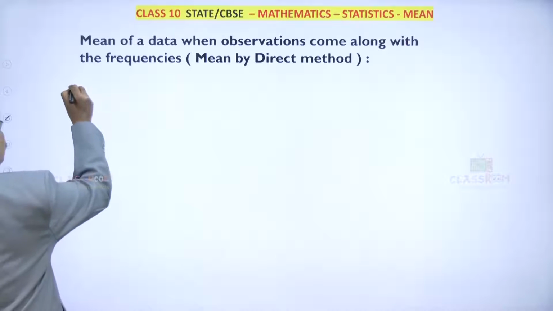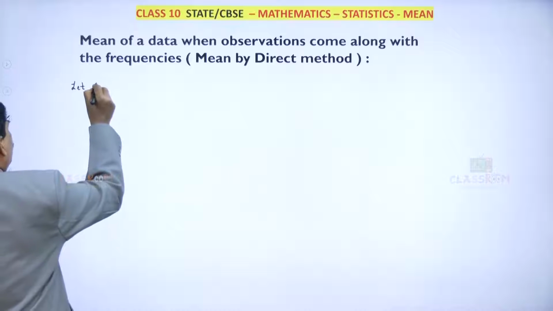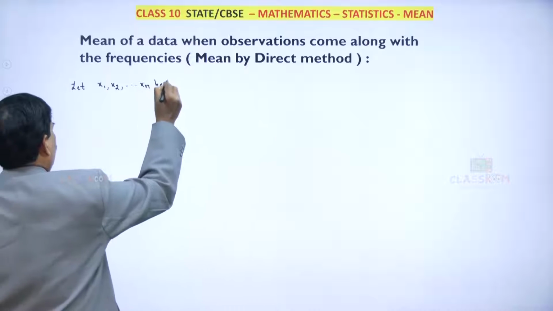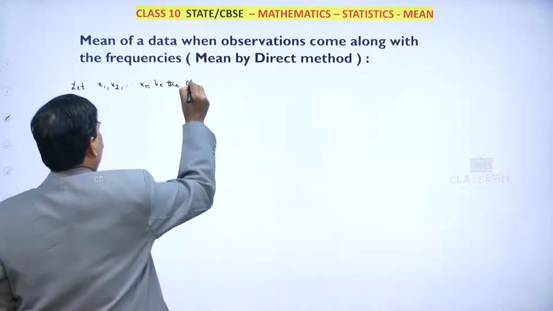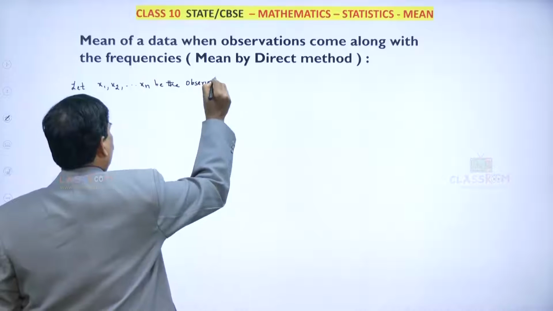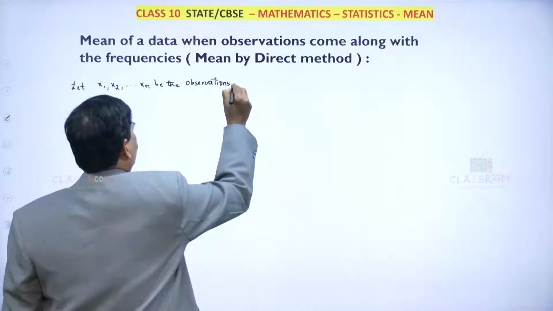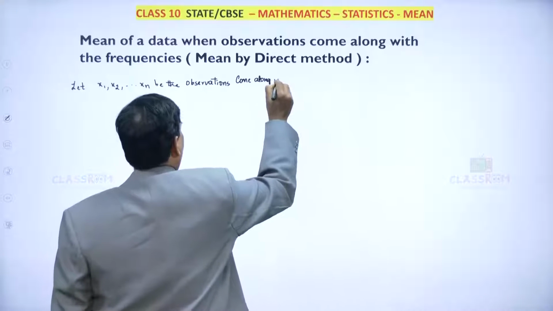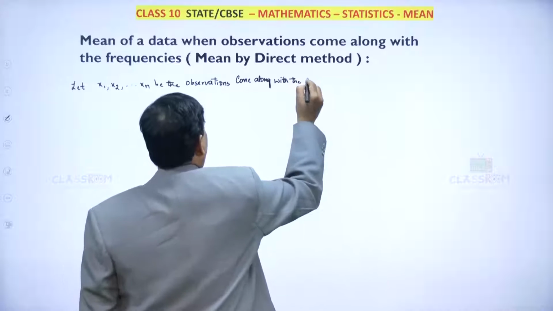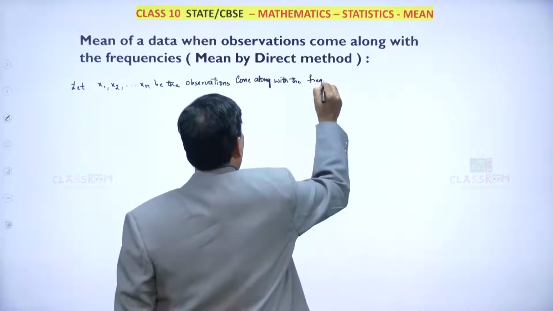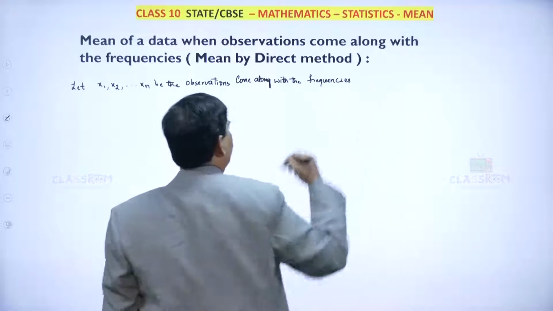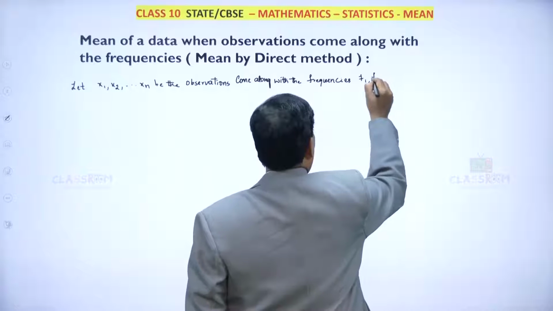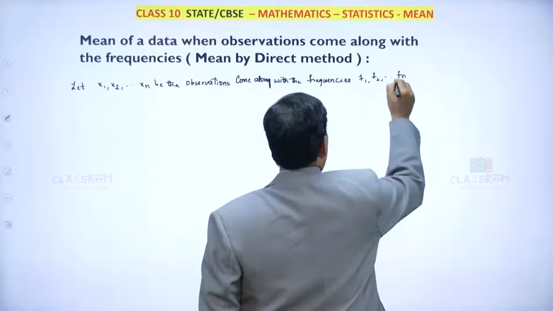Let x1, x2, so on xn be the observations that come along with the frequencies f1, f2, so on fn.